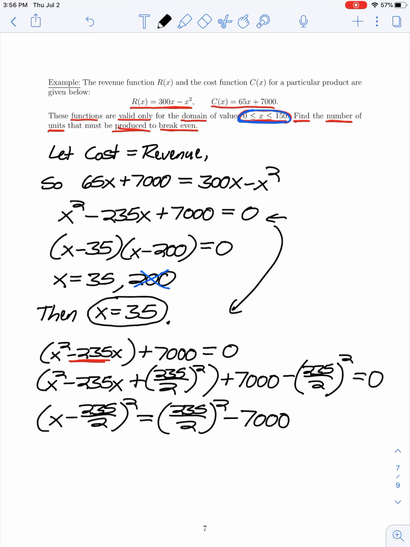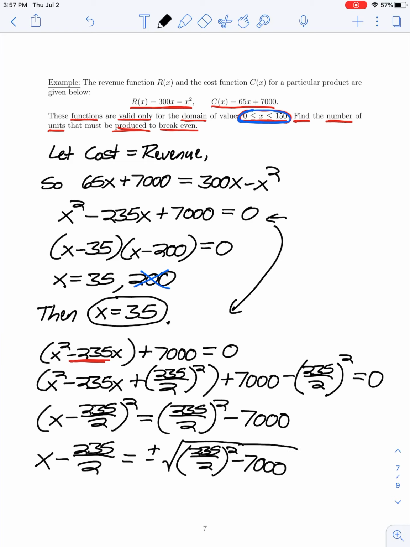And then to solve for x, we would have to take the square root of both sides. So I would have x minus 235 over 2 is equal to plus or minus the square root of this quantity. And then I would add my 235 over 2 to both sides.